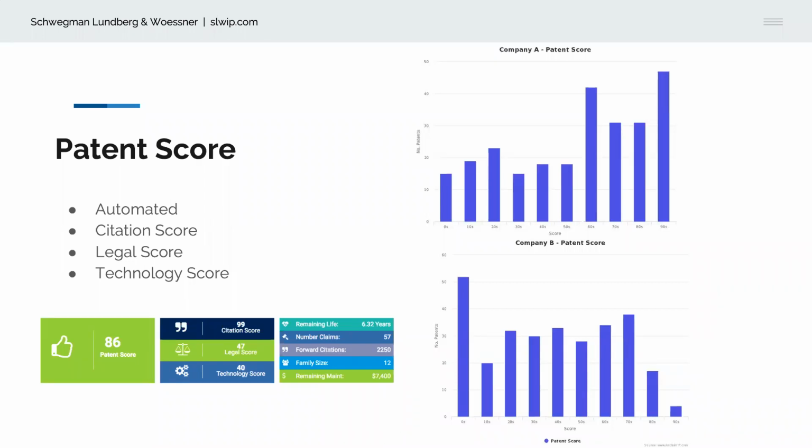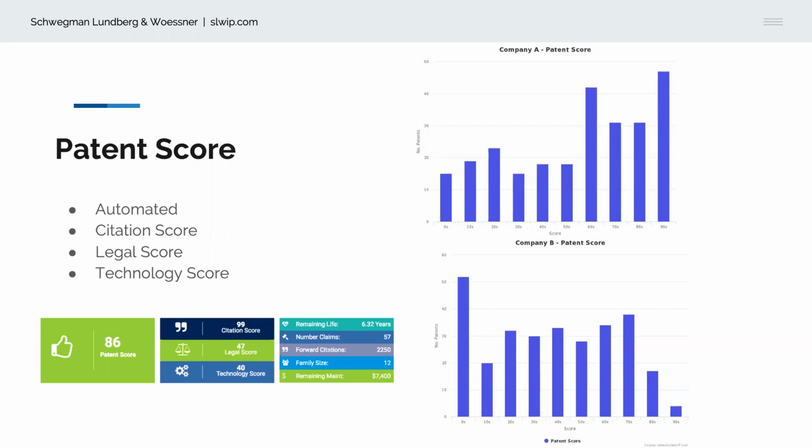if I understand these charts correctly, the number of patents on the far right side means that if you've got more on the right side of the chart, you've got more better patents. And if all your patents are on the left side, you've got weaker patents. That's right. You can think of this like your test score.